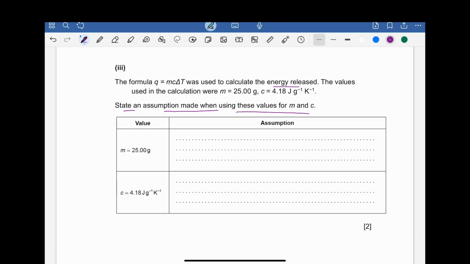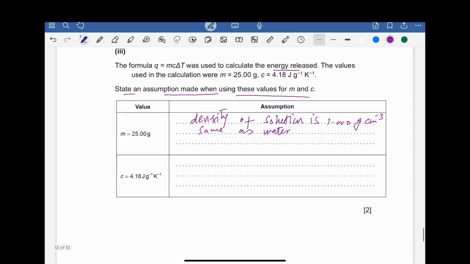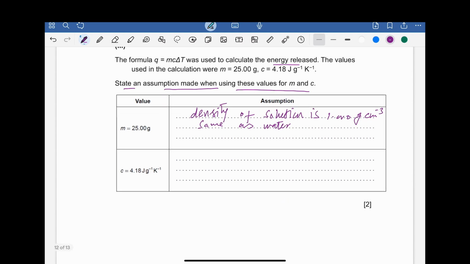For the mass of 25, we assume the density of the solution is the same as the density of water, 1.00 g per cm³. The second assumption we made is that C, specific heat capacity 4.18 J per g per K, is the specific heat capacity of water.